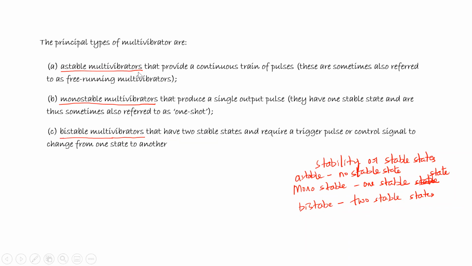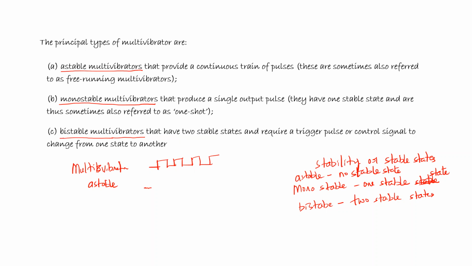Understand that? So how to make out that? We have all understood that a multivibrator, if you take it in general, generates such waveforms. Now astable multivibrators: no state is stable.